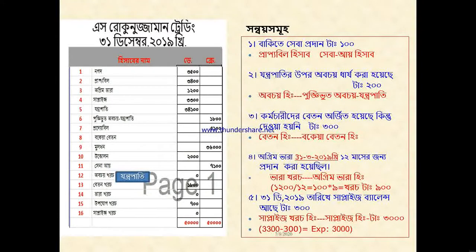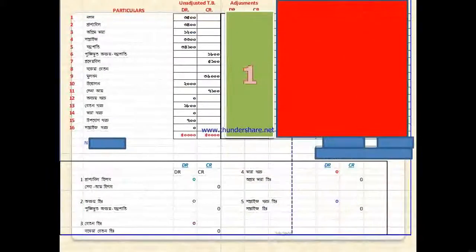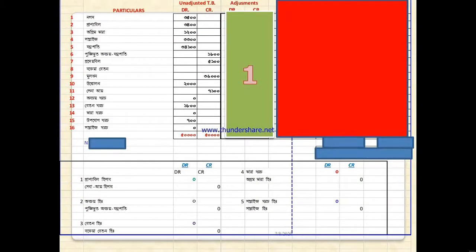The supplies balance is taka 300, that means supplies expenses debit and supplies credit 3,000. So 100, 200, 300, 900 and 3,000. For these particular items, we have to calculate for the process.